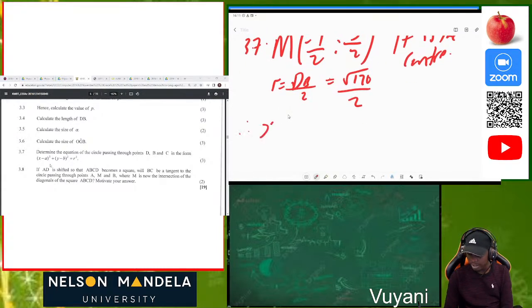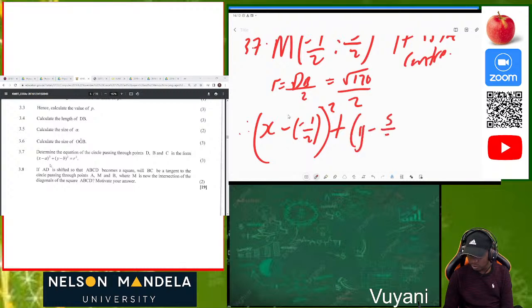Therefore, the equation will be (x minus 1/2) all squared plus (y minus 5/2) all squared is equal to the radius, (square root of 170 over 2) all squared.